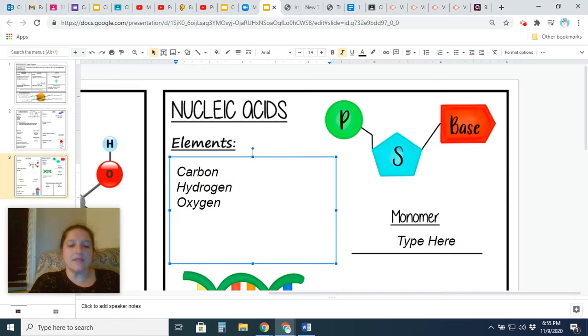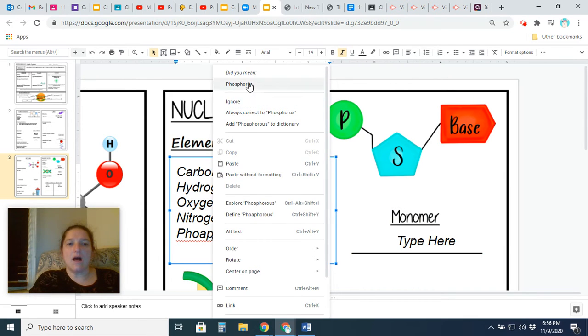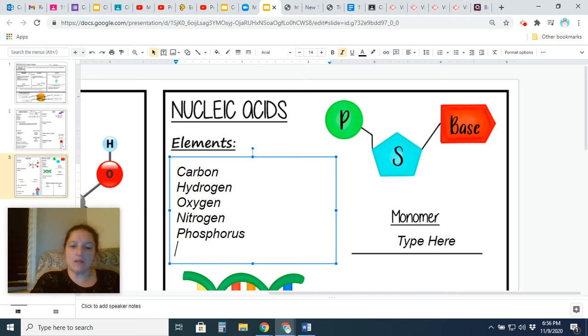Also, just like the proteins, they have nitrogen, but additionally, nucleic acids have phosphorus in them.